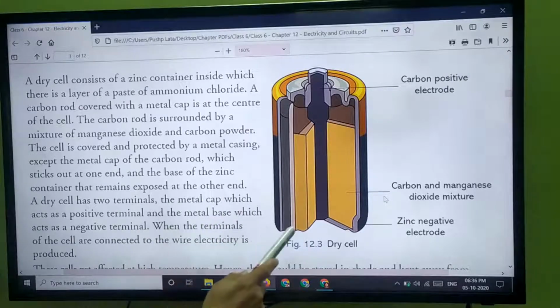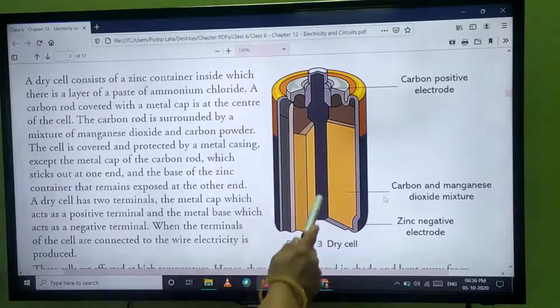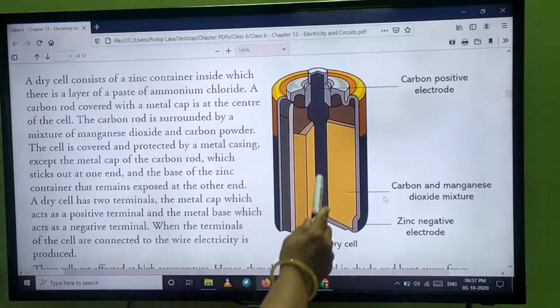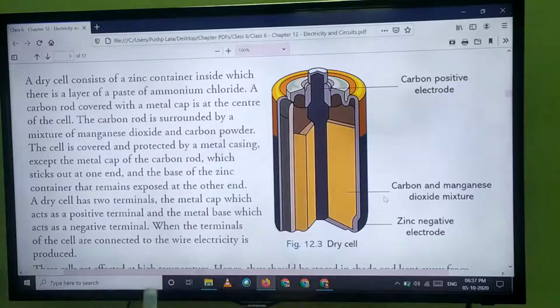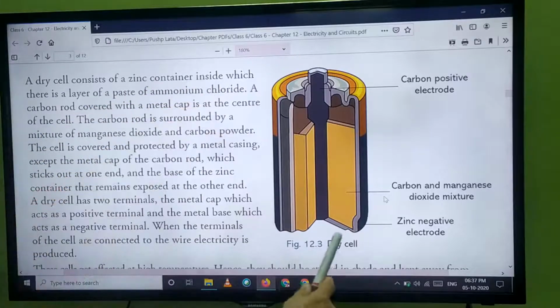Here there is a black rod-like structure which is called the positive electrode. First of all you should know what a dry cell consists of. It consists of a zinc container inside, this one.